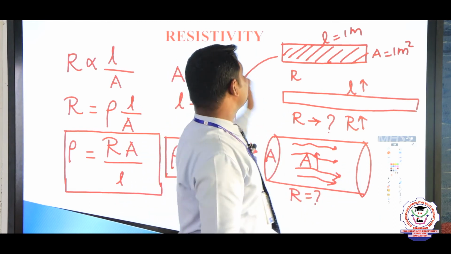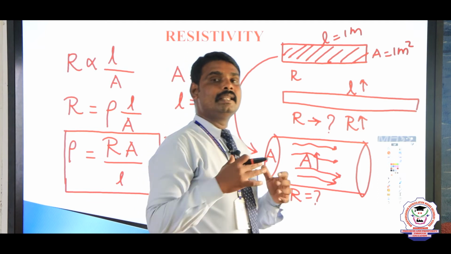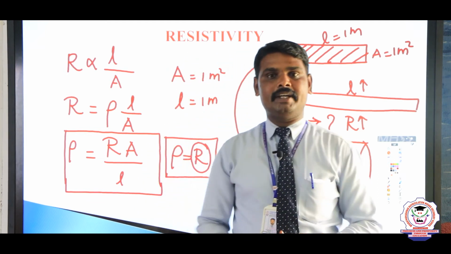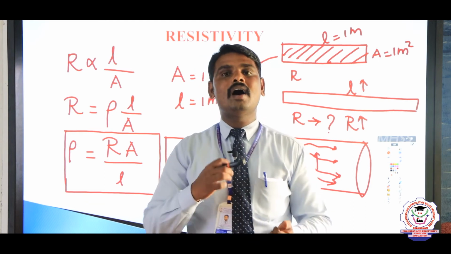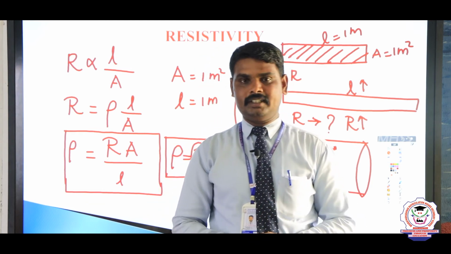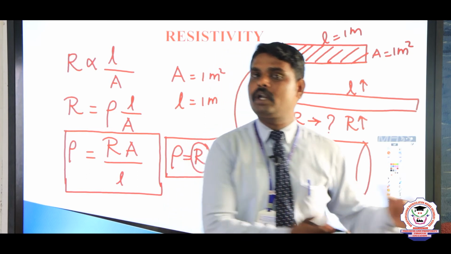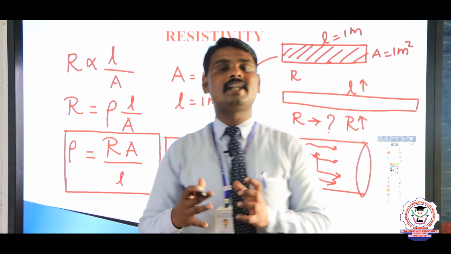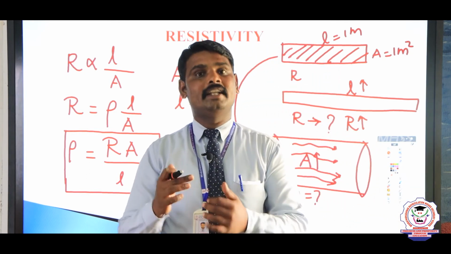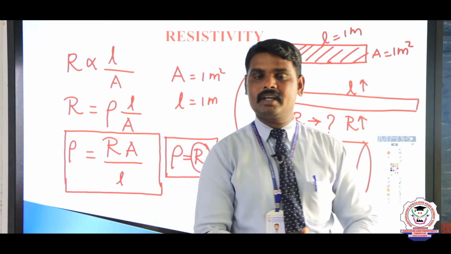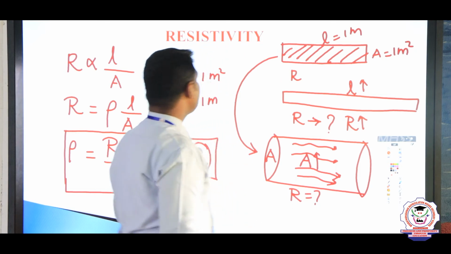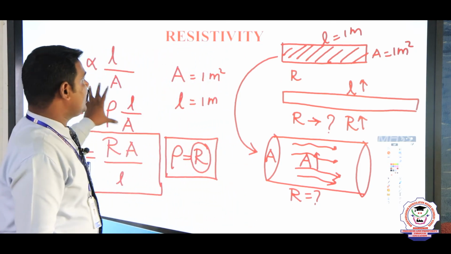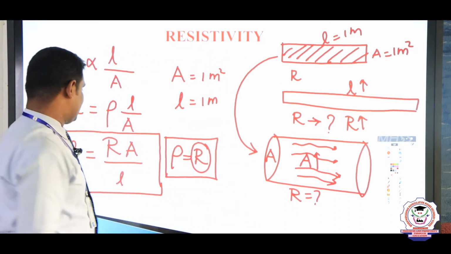By using the resistivity, materials are classified as conductor, insulator and semiconductor, right? We will see one by one how much resistivity is present in conductor, semiconductor and insulator. Before that, we have to discuss the definition of resistivity.